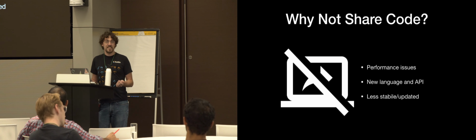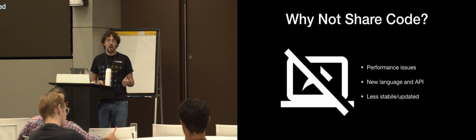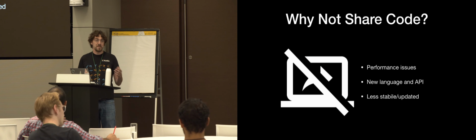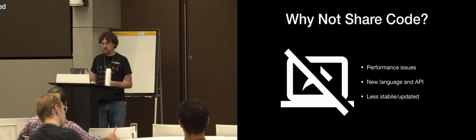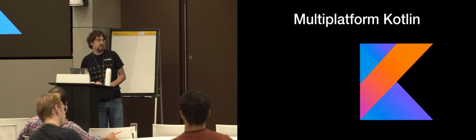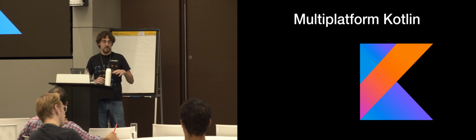And often these frameworks are a little bit less stable or not updated as frequently. You might be a few versions behind when you're using all of them. So along comes multiplatform Kotlin to find the middle ground here.